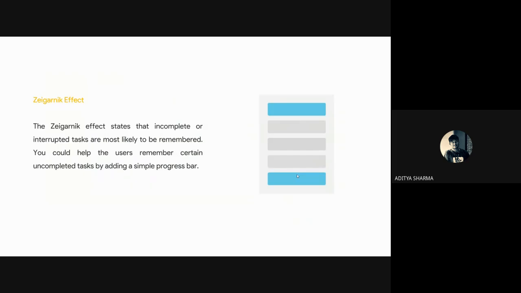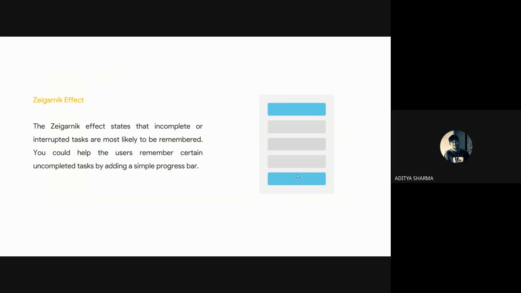Now coming on to the Zeigarnik effect. What is the Zeigarnik effect? It says that we are more likely to remember things which are incomplete or interrupted as compared to completed tasks. And if we represent it with some kind of highlight, that will make the user experience easier, showing what I need to accomplish and what I can skip.